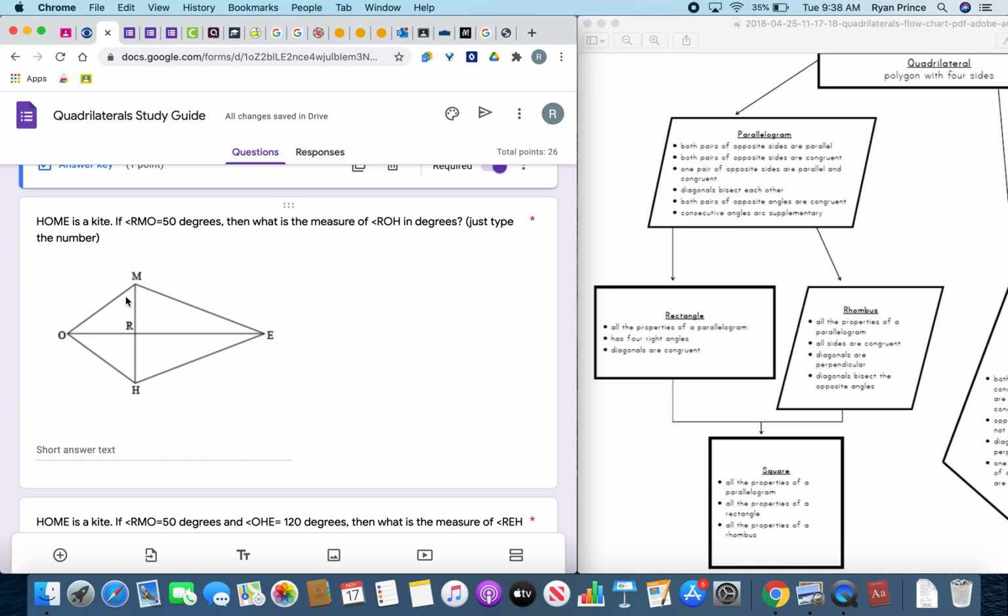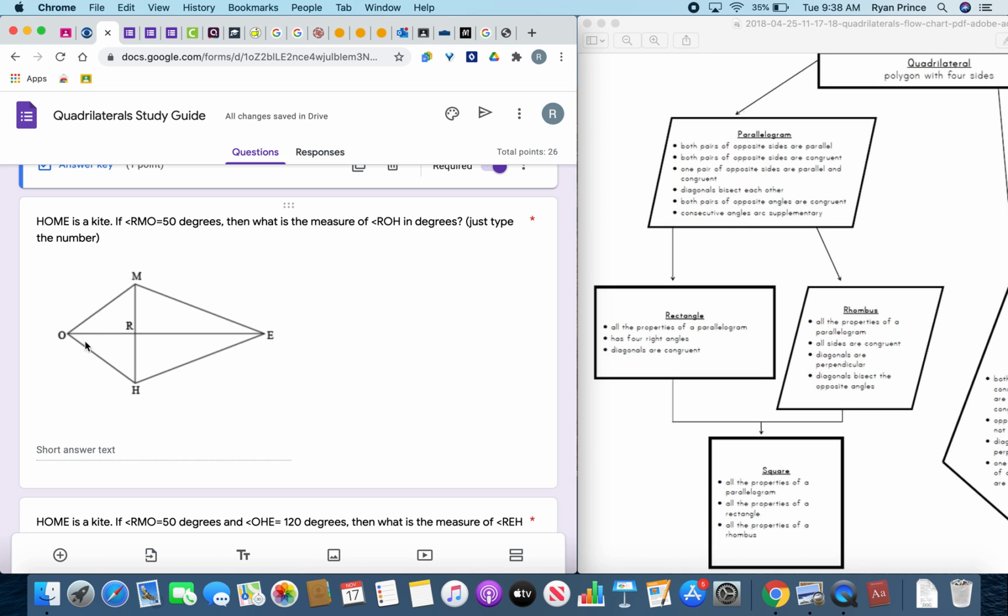RMO is 50 degrees. What is the measure of ROH? ROH is down here. What you would do here, this is the 90-degree angle. So basically, kites are broken up into 4 right triangles. If RMO is 50, then I can use triangle sum to say 180 minus 90 minus 50 will give me that this angle, which is ROM, would be 40 degrees.